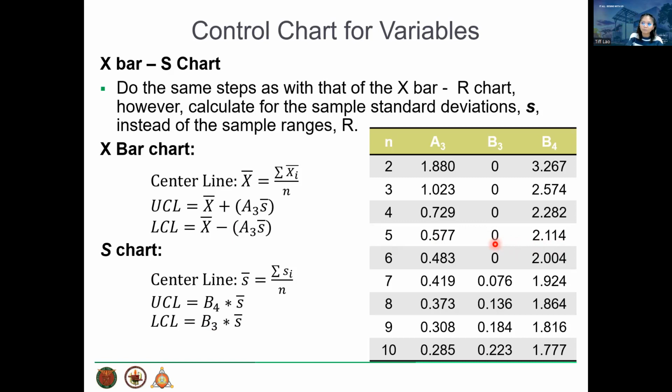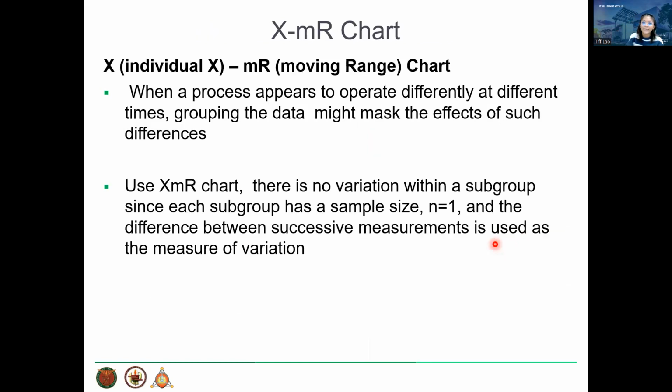Okay, so let's move to XMR chart or X moving range chart. So yung X moving range chart, ginagamit mo siya, ayan, if the number of observations per day na ginagawa mo is only 1.